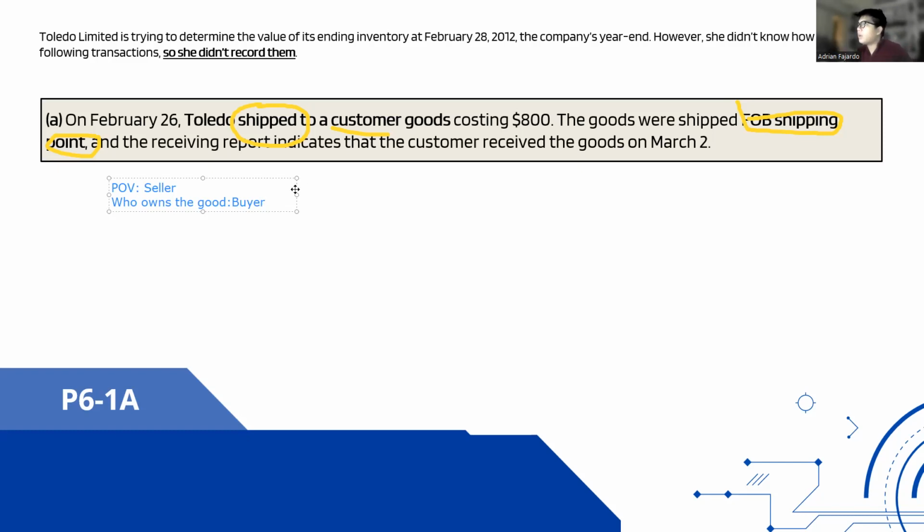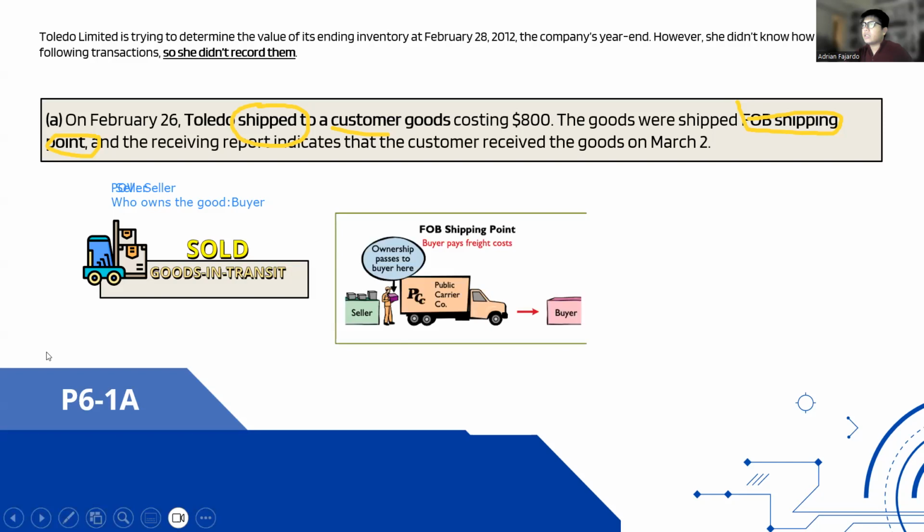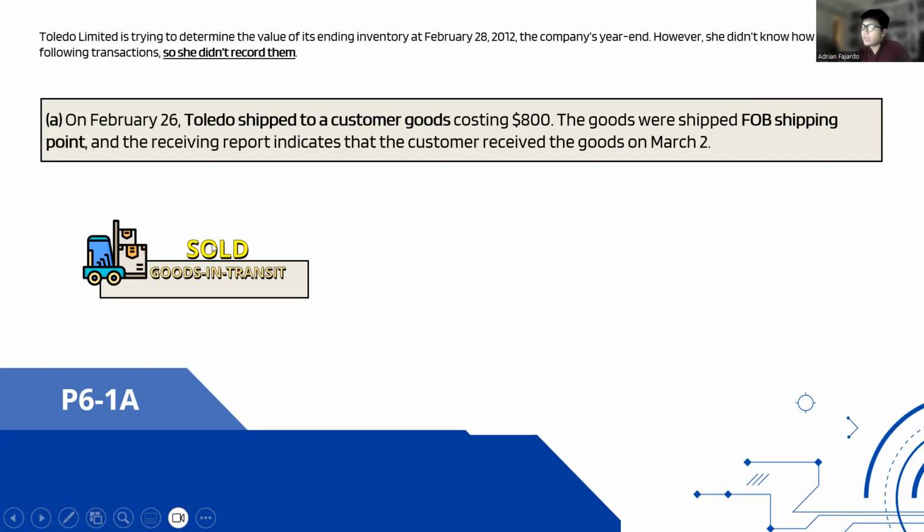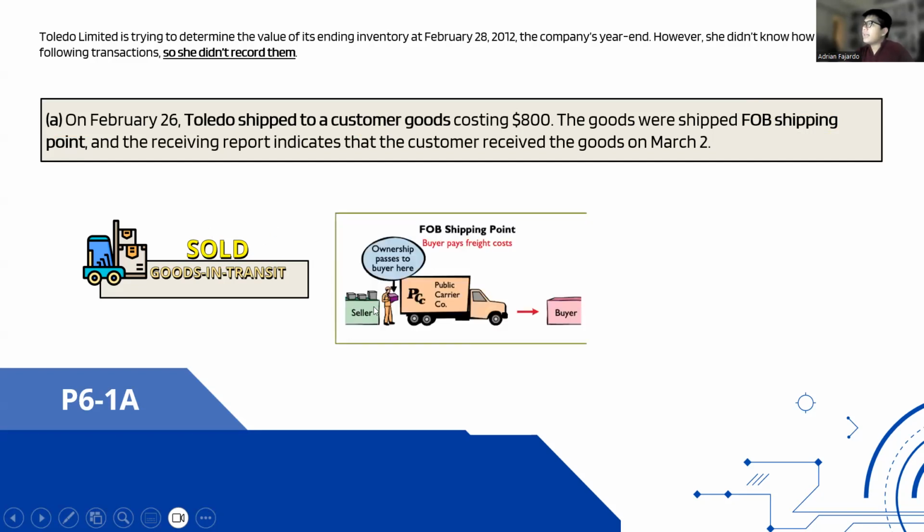So, in summary, number one, what type of goods is this? So, these are goods in transit, sold goods in transit. So, ikaw yung seller, dahil binayaran ng shipping point, from this point on, ang may-ari is si buyer already.